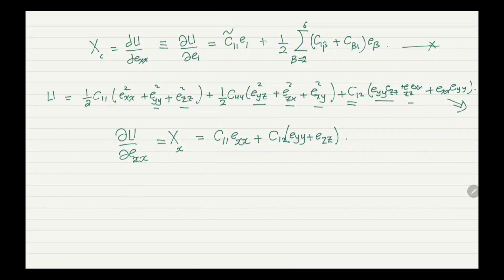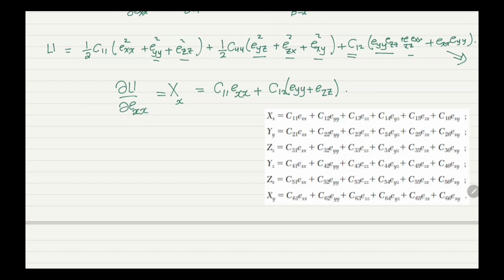If we compare this with the matrix stress-strain relation, you will see by comparing factor by factor that C11 is already in here, and C12 is related with EYY and EZZ. EZZ is related with 1,3, but this one is C12, so C12 is actually equal to C13.